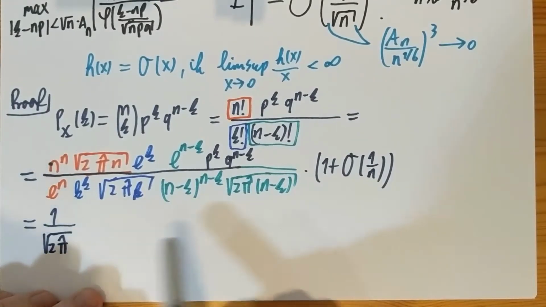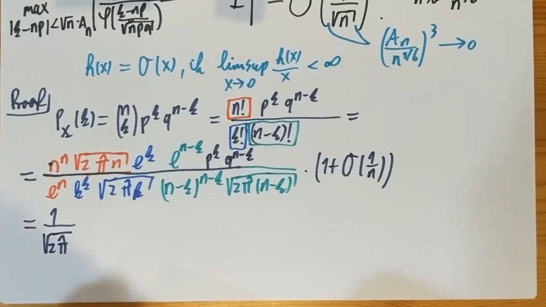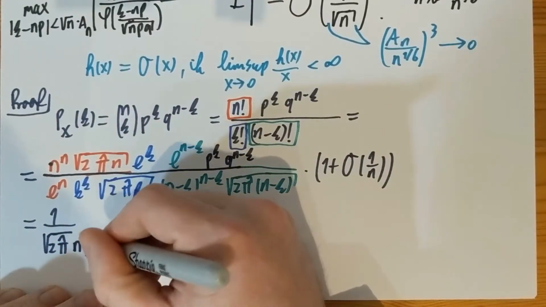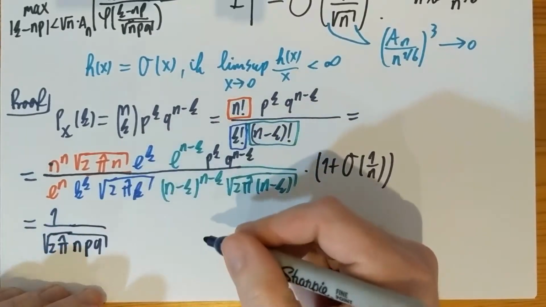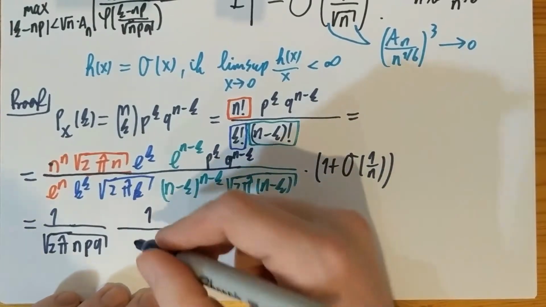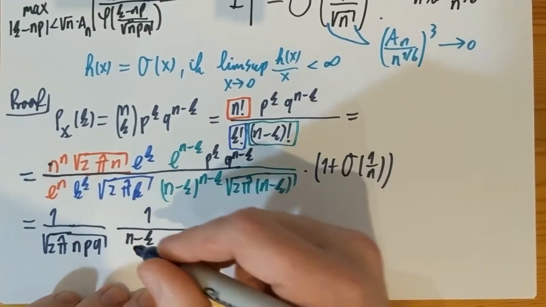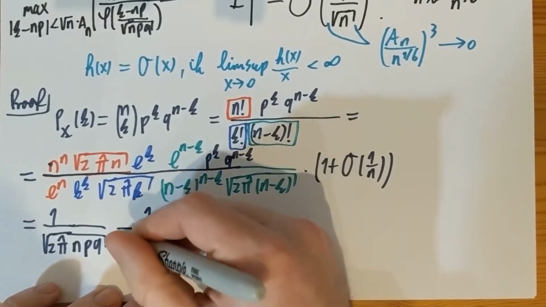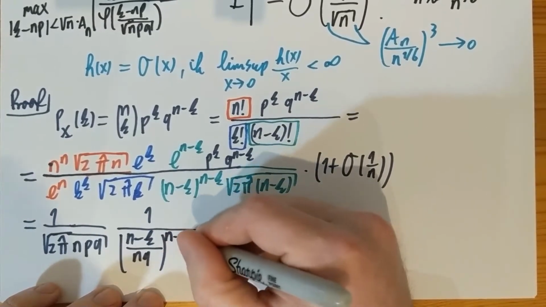Okay, I'm going to write out a couple of terms, and then we'll see that it's actually true. So I'm going to write some funny way of dealing with all this, and then I'm going to convince everybody that what I wrote is valid. So I have (n minus k over nq) to the power of n minus k.